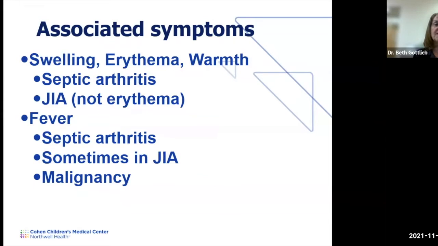We do always feel for warmth over an inflamed joint. Fever, if we find that, gives us a whole different set of a differential diagnosis, but fever could be reactive arthritis, septic arthritis, one particular form of JIA, which is systemic onset JIA, and we think about malignancy too in very specific kinds of cases.